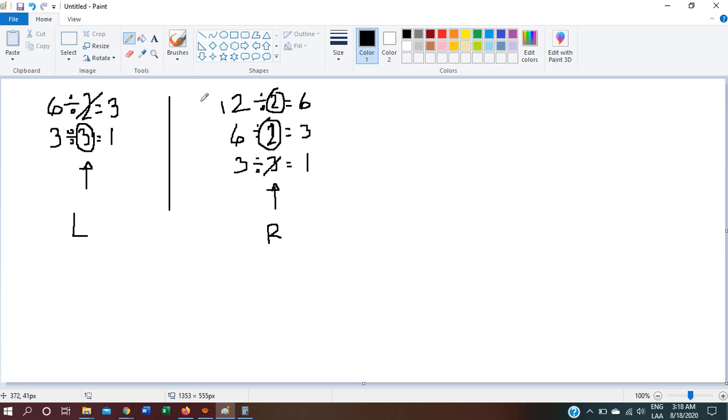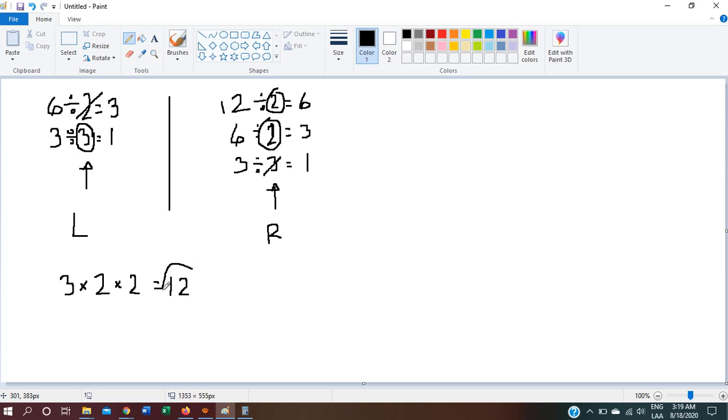When you have finished picking all the numbers, and all numbers are either circled or crossed, you multiply all the circled numbers. In this case, you multiply 3 times 2 times 2. 3 times 2 equals 6, 6 times 2 equals 12.